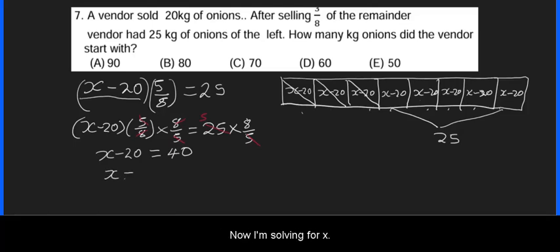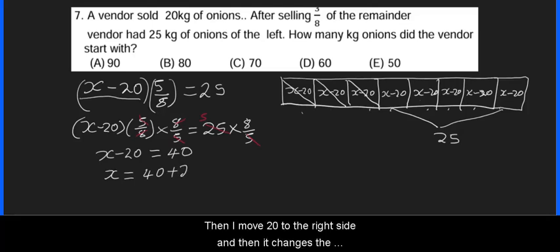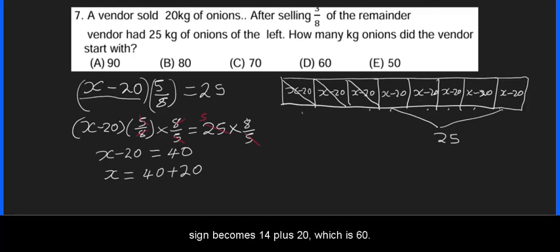Now I'm solving for x, then I move 20 to the right side, and then it changes the sign, becomes 40 plus 20, which is 60. Then I look for the answer there, that is 16.